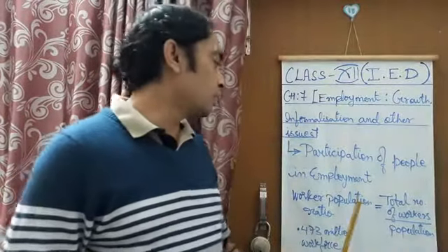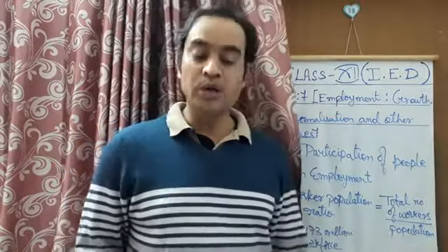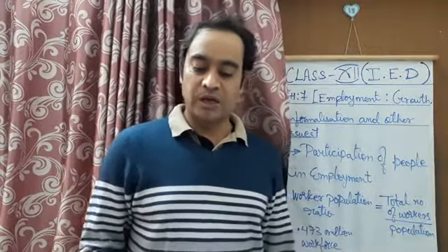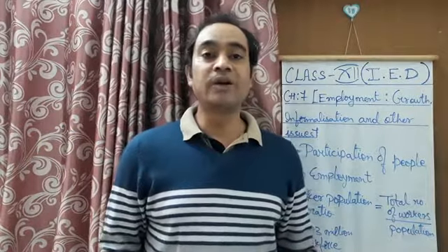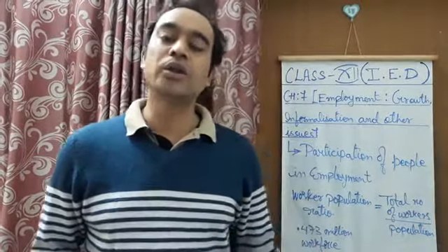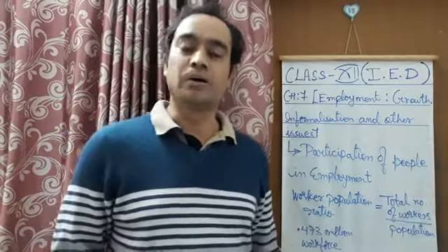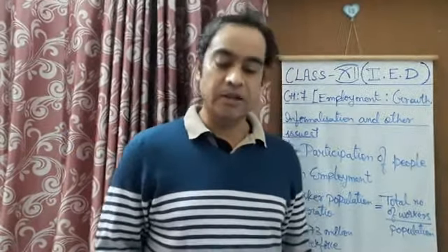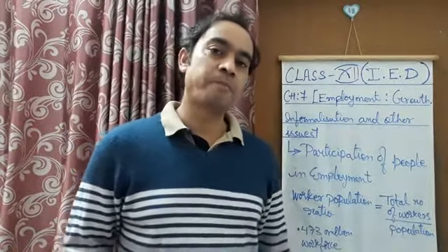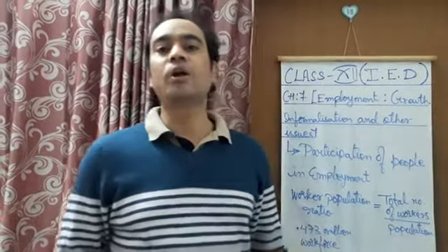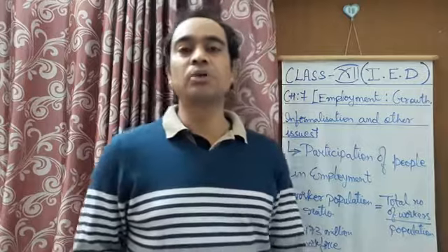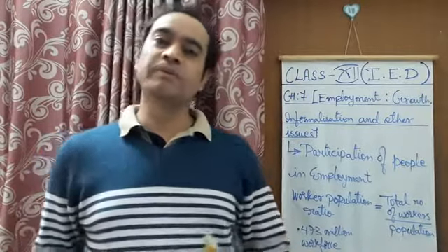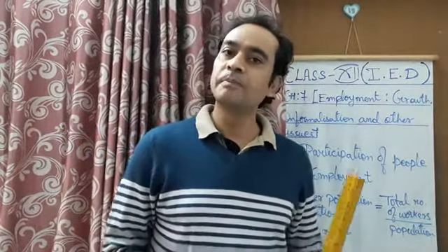Whereas if we get a low worker population ratio, it means that the proportion of people involved in economic activities is low, that is, in number, fewer people are taking part in economic activities. Therefore, it is very important to find out the worker population ratio. This will tell us about the total proportion of people engaged in economic activities.